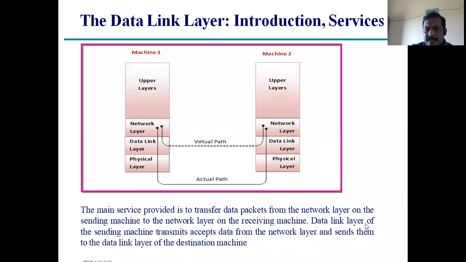So here the data link layer of the sending machine accepts data from the network layer and sends them to the data link layer of the destination machine. మనం ఫస్ట్ చెప్పుకున్నట్టే, ఓకే, మనం ఫస్ట్ చెప్పుకున్నట్టు. So the network layer contains a number of packets, right? Each and every network layer transmits many packets to the next layer.